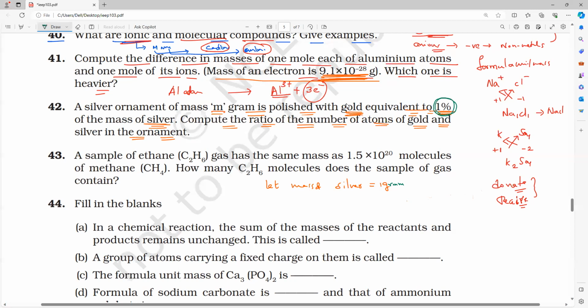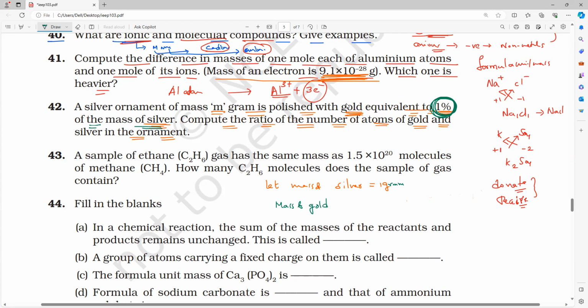Everybody check the question. It is 1% of the mass of the silver. So what is the mass of the gold? Anybody can tell?